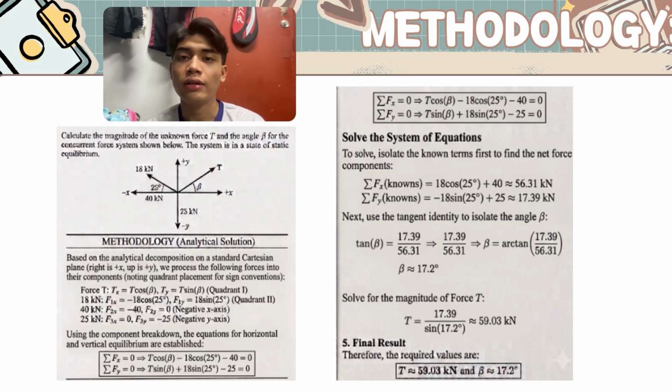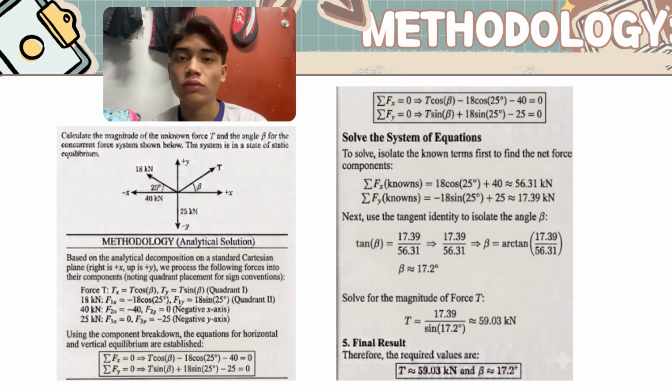Using the tangent identity, we divide the vertical component by the horizontal component. This gives us tan beta equals 17.59 divided by 56.51. Taking the arctangent gives us an angle beta of approximately 17.2 degrees.